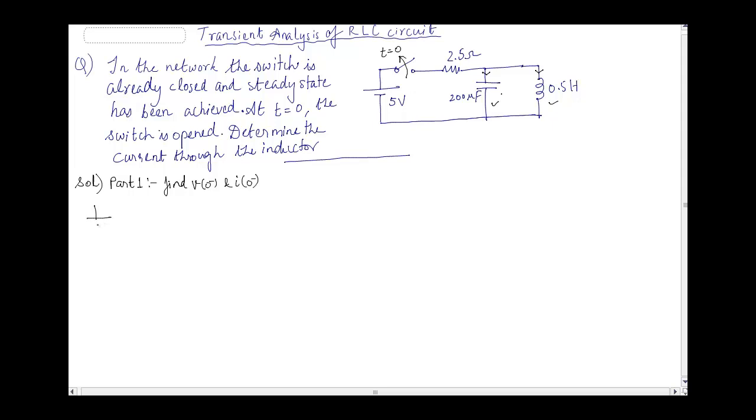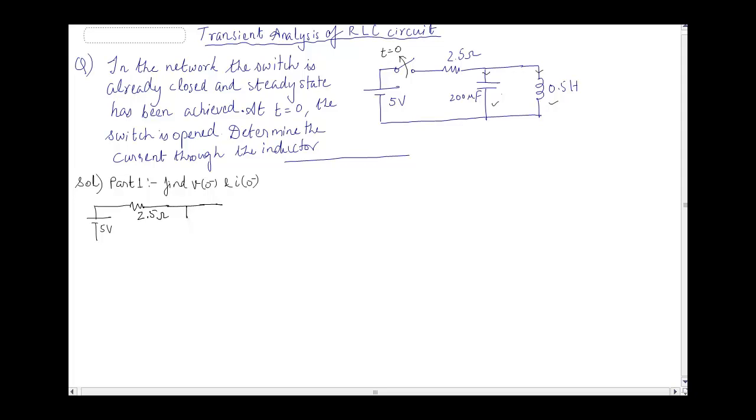Before the switch was opened, when it was closed, 5 volts was applied through the 2.5 ohm resistor, and then it passed through the capacitor and achieved steady state.